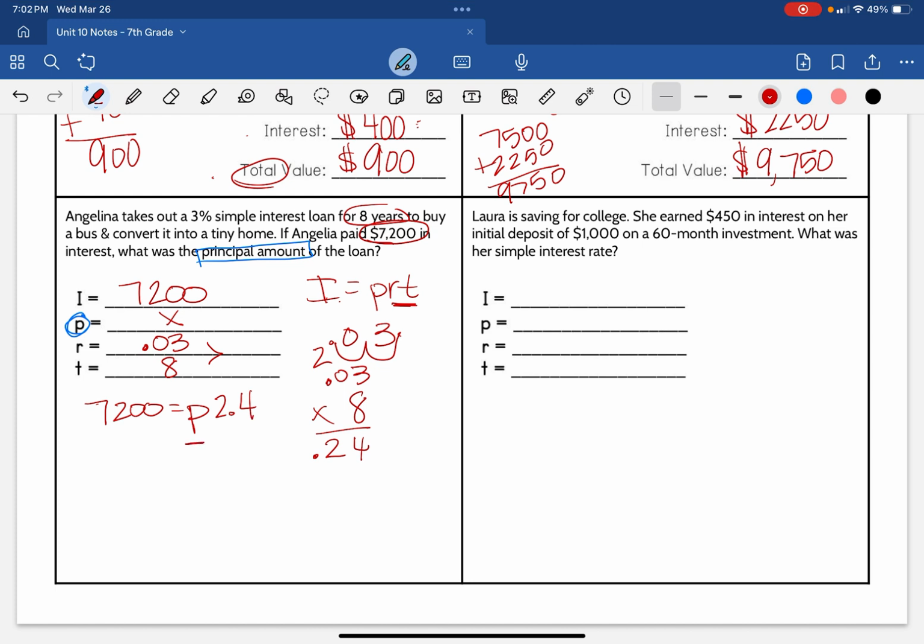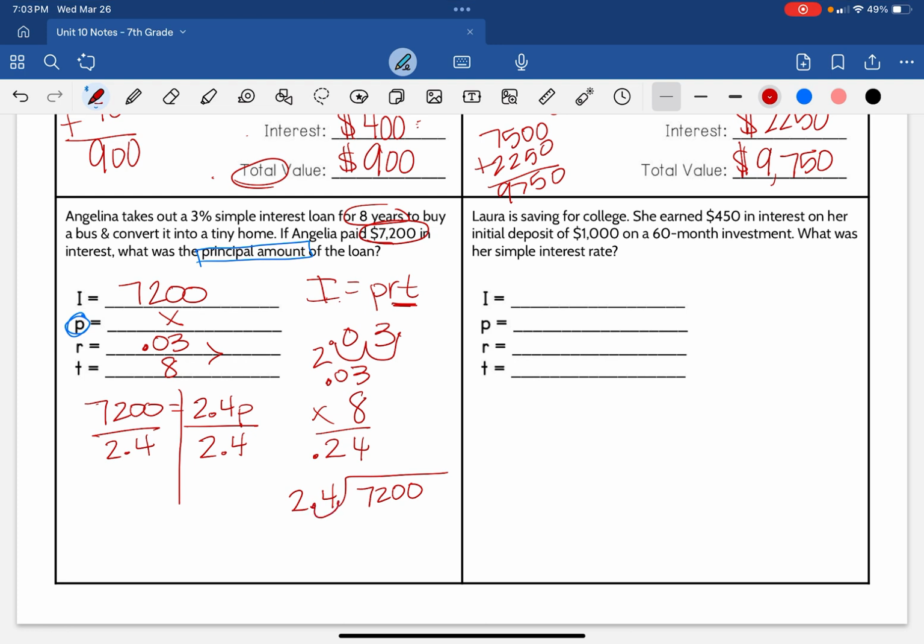Now, if you remember, let's pretend this is X. And here, I'll even rewrite this to be in a form that y'all like better. So I'm going to do 0.24 times P. I'm solving for P. Step 1. This is a one-step equation at this point. So all I'm going to do, this is multiplication, so we're going to divide. 0.24 will go into 7,200. There's a decimal on the outside. What do you do?